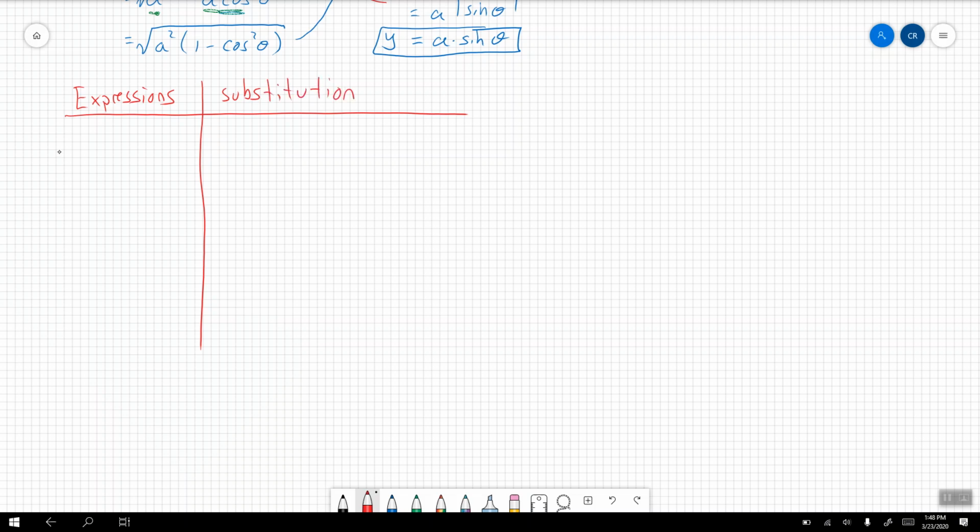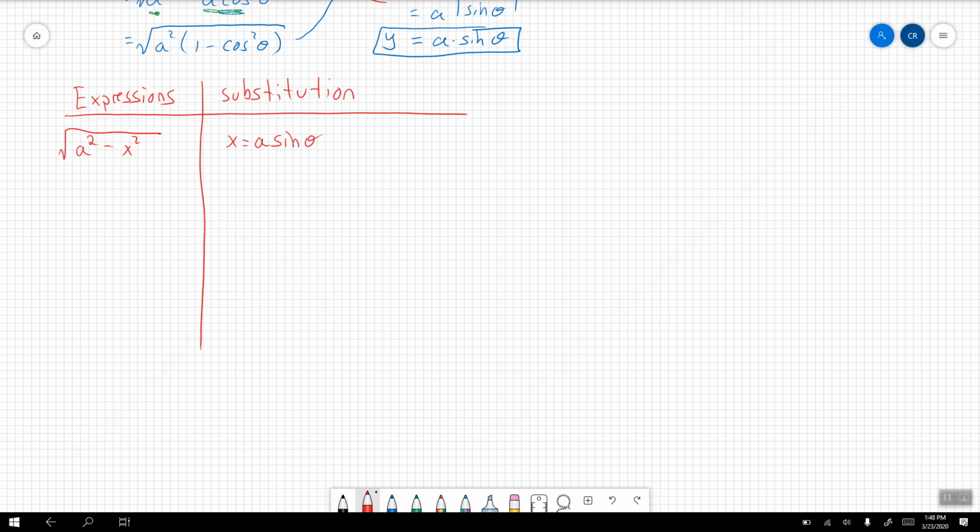So the first expression: any time that we run across an integrand that has an expression of the form square root of a squared minus x squared, the natural substitution is x equals a times sine of theta.